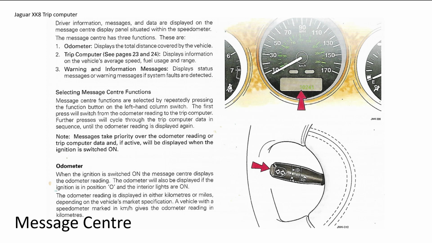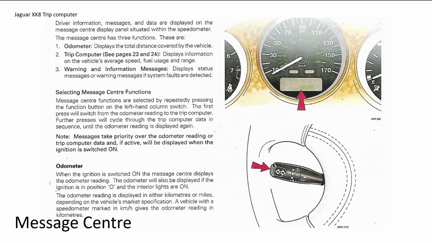Message center functions are selected by repeatedly pressing the function button on the left-hand column switch or indicator stalk. The first press will switch from the odometer reading to the trip computer. Further presses will then cycle through the trip computer data until the odometer reading is displayed again. So go back to the beginning.